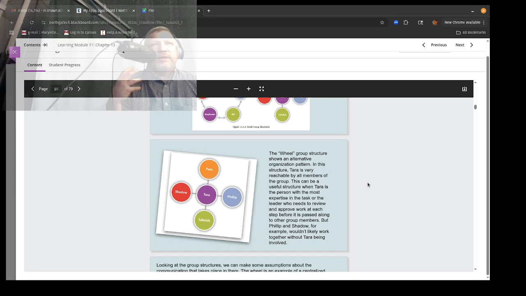If you think about a wheel pattern, Philip's not going to work with Shadow very often unless Tara's involved. Or Shadow may not work with Tallulah very often unless Tara's involved. That's the downfall of the wheel pattern. It takes a strong center, a strong leader, to make sure everyone's communicating and getting the work done.